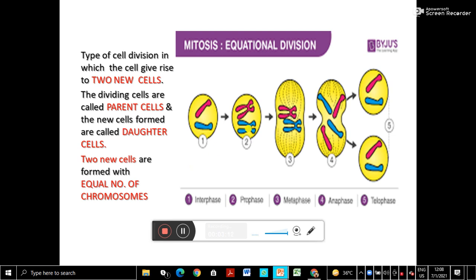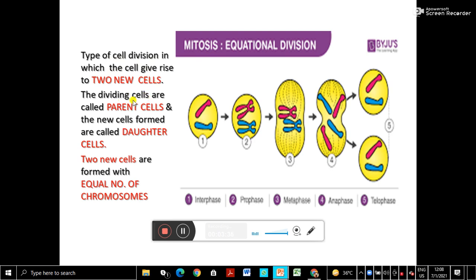The first kind of cell division is mitosis. Mitosis is known as equational division. Why is it equational division? I'll tell you a little later. Mitosis is the type of cell division in which the cell gives rise to two new cells.